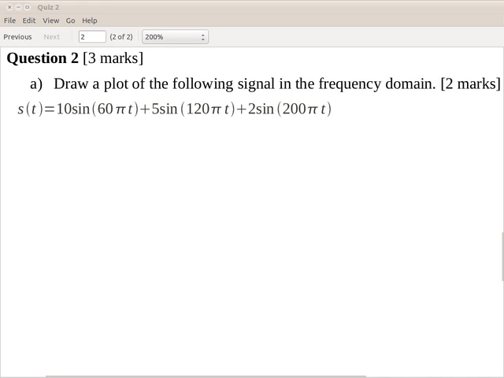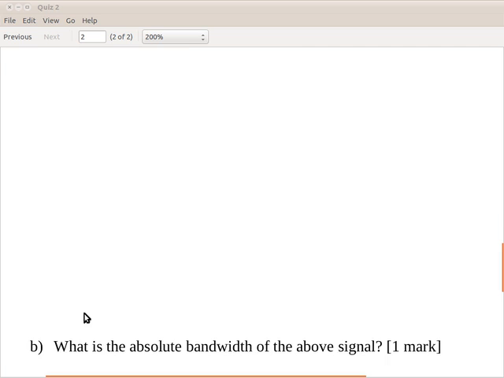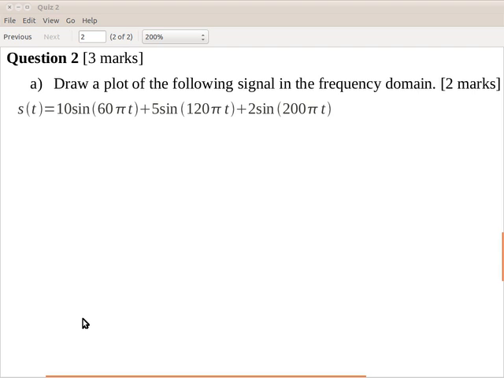Answer this question, or think about how you would answer it. And part B, the second part, is what is the bandwidth of that signal? Right now, answer that. Everyone's finished with this?